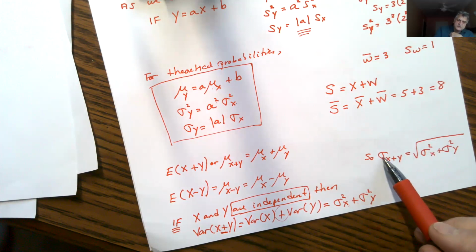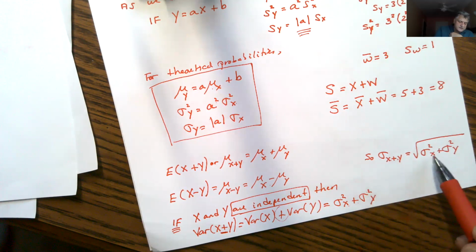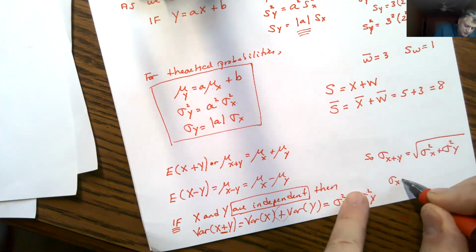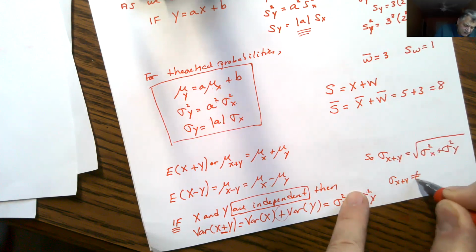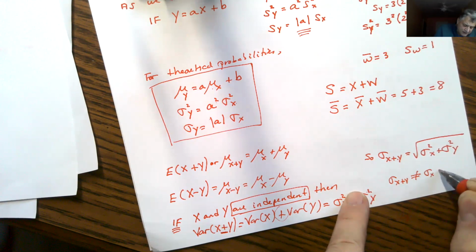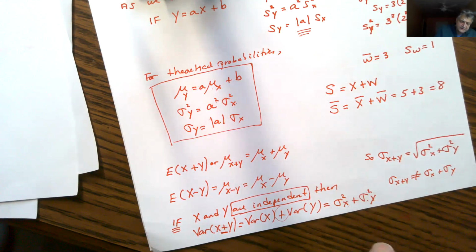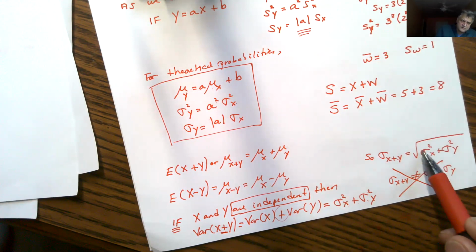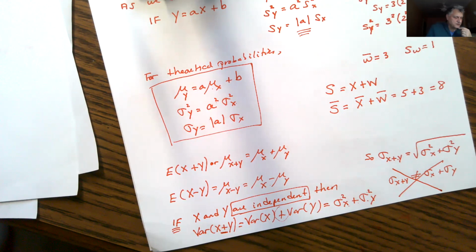So if you want to get sigma of x plus y, we have to take the square root of the variance. This is important: sigma of x plus y does not equal sigma x plus sigma y. So remember this formula. I think it's on the formula sheet.